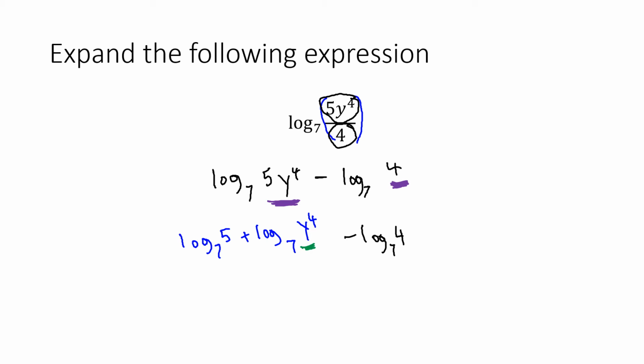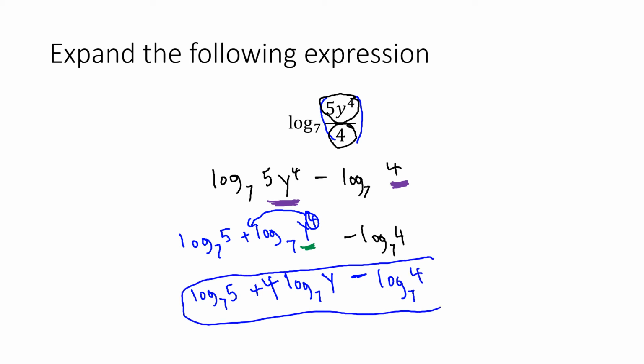Log base 7 of 5 would stay the same. Now it's plus, we're going to take this 4 and move it to the front, so it's plus 4 times log base 7 of y. And we're going to keep this minus log base 7 of 4 exactly the same. So this is our expanded expression.